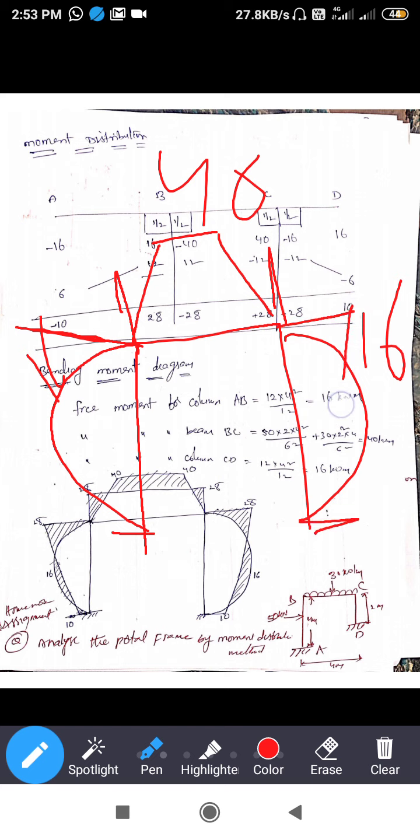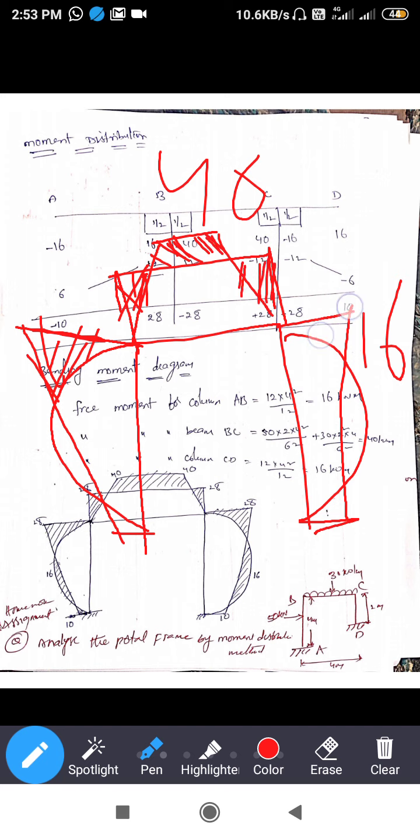Next you can mix these values. So this is the bending moment diagram due to the moment distribution method.